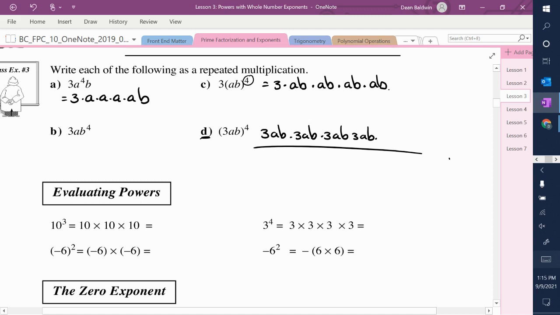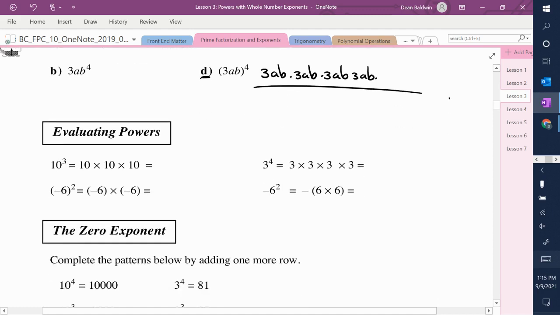So if I asked you to evaluate 10 to the power of 3, what is it? It's 1,000, right? Because it means 10 times 10 times 10, which is 1,000. And if I said 3 to the power of 4, you would tell me 81.